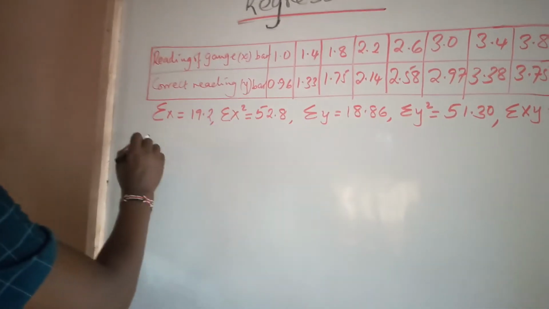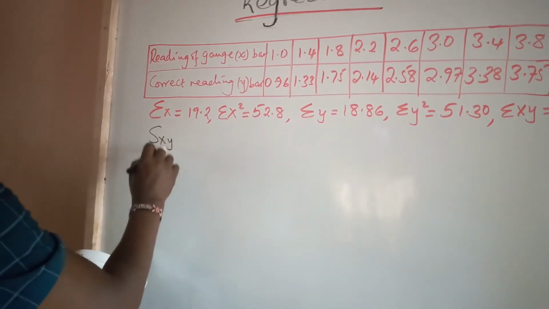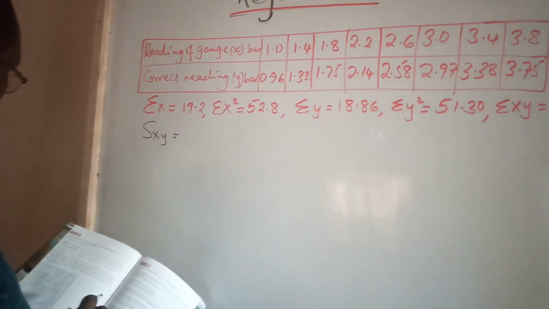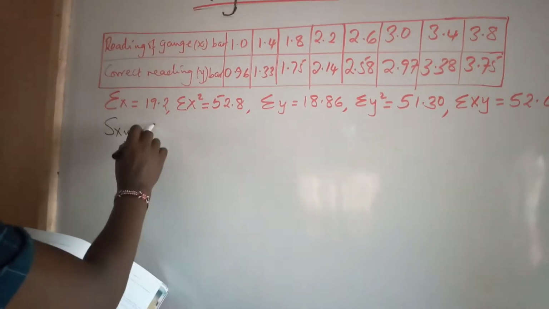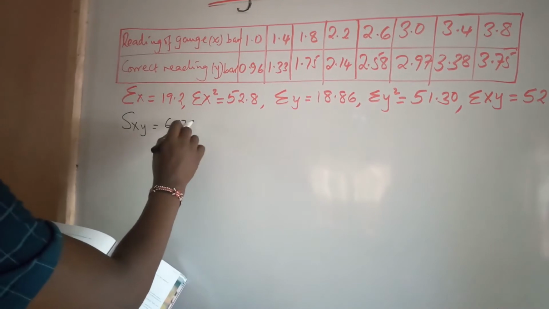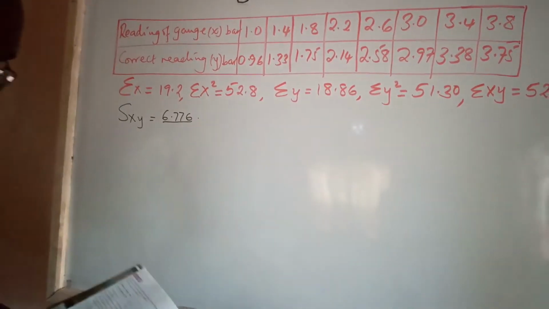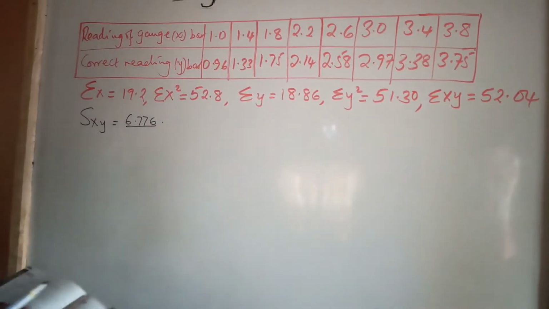SXY is equal to 6.776. This is simply a proof question.